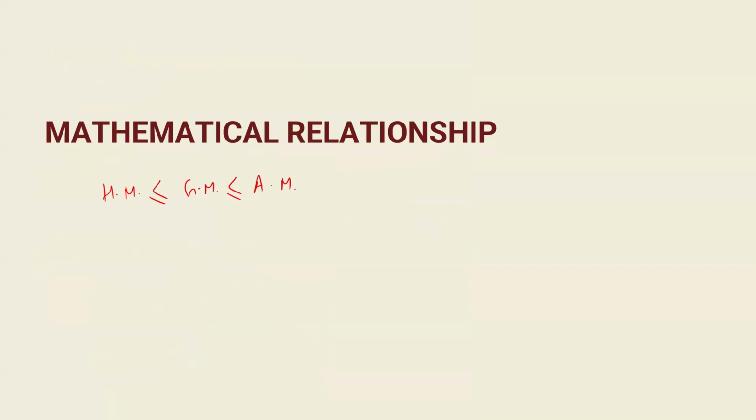I'm not going to derive it because the mathematical derivation is not a part of the course. We can just think of it intuitively. The arithmetic mean simply averages the numbers directly, so it gives the largest value, because large observations pull it upward the most.